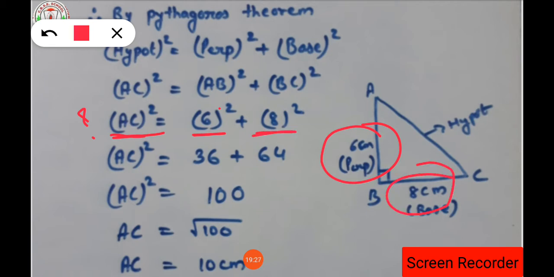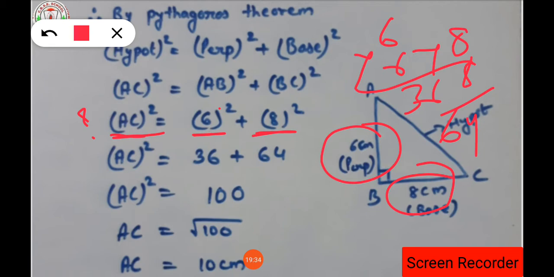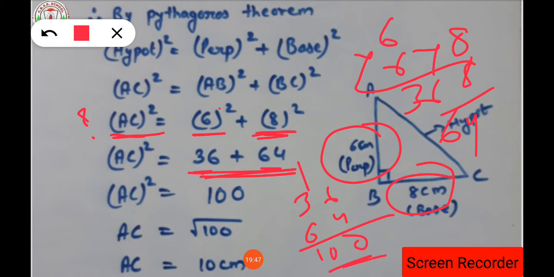So 6 into 6 is how much? 6 into 6 is 36, isn't it? 8 into 8 is how much? That is 64. So 6 square is 36 and 8 square is 64. Now add both the numbers. 36 plus 64 is how much? 0, carry 1. So it will become 100, isn't it? After addition, 36 plus 64 will be 100.